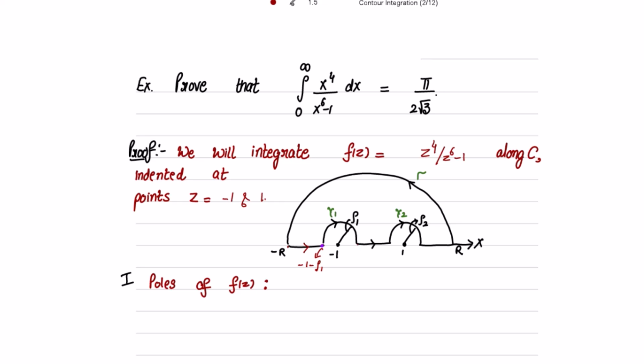And this point will be, from this -1, you are subtracting the radius negative rho 1. So that will be rho 1 minus 1. So this point is rho 1 minus 1. Is this clear to you?